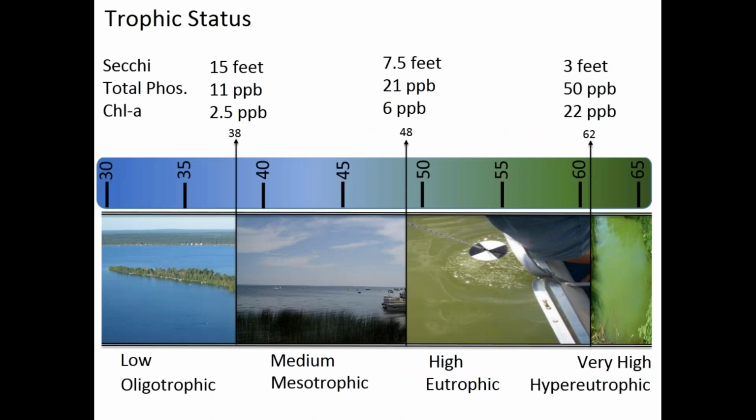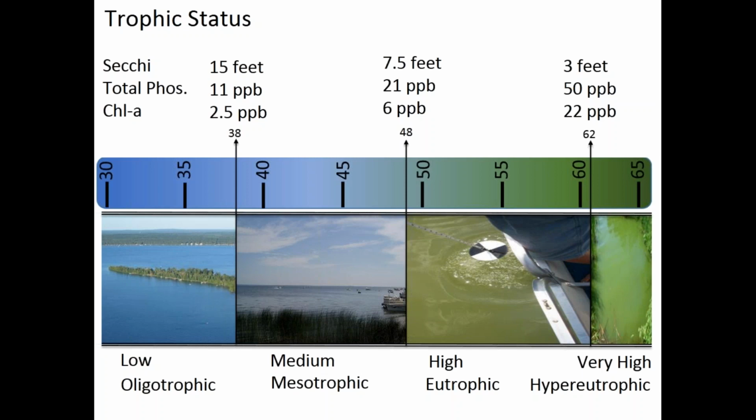And here's a little thermometer I like to use that shows how the Trophic Status Index changes. The numbers up top refer to the actual real life measurements that you're making, while the thing that looks like a thermometer, that's that Trophic Status Index.